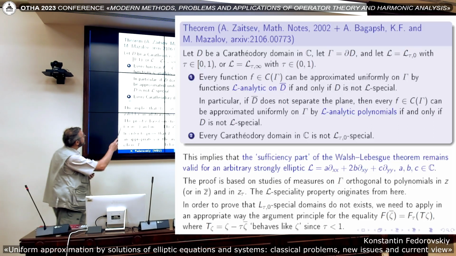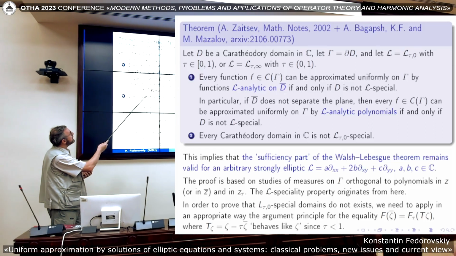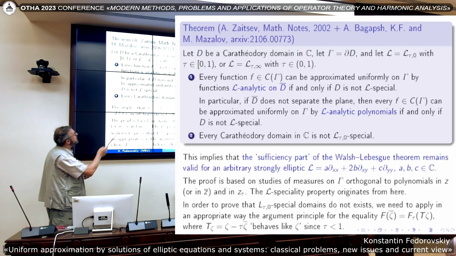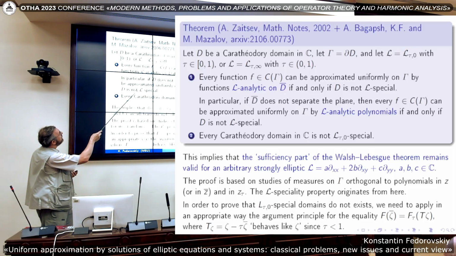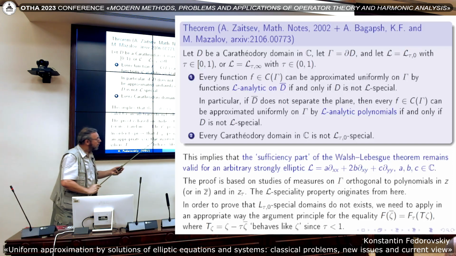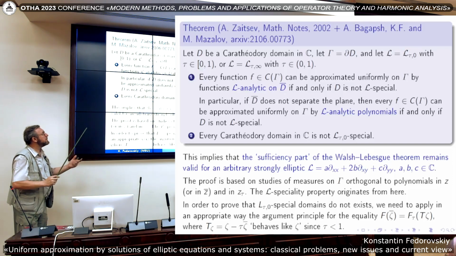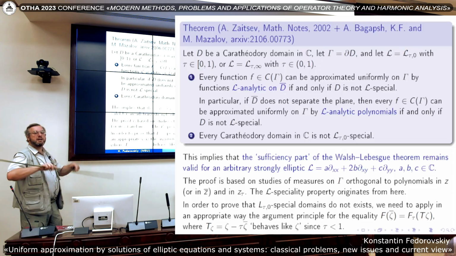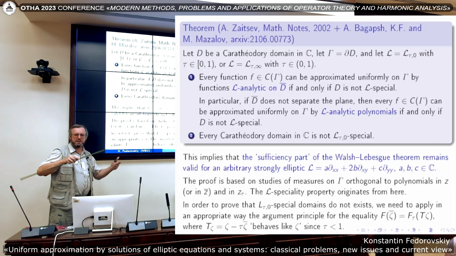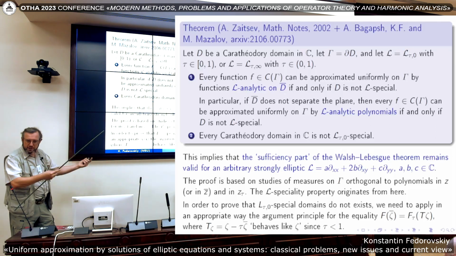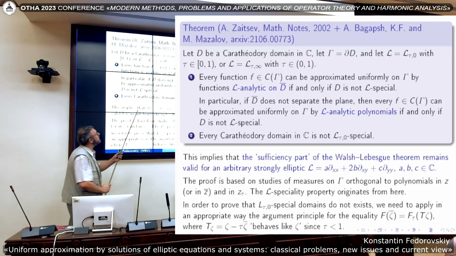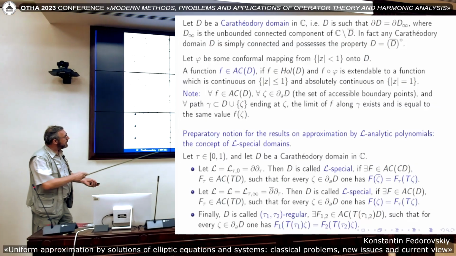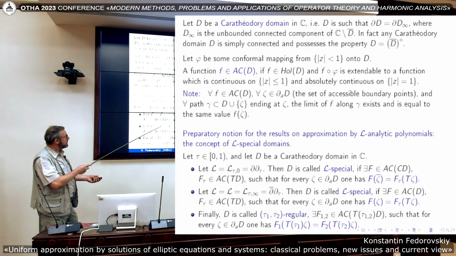The result is the following: any function continuous on the boundary of the domain can be approximated uniformly by analytic functions, so the solutions of our equation with singularities outside of the closure of the domain. Just after that, using the Runge method, it's possible to derive the polynomial approximation result if and only if this domain is not L special in the sense of this definition.